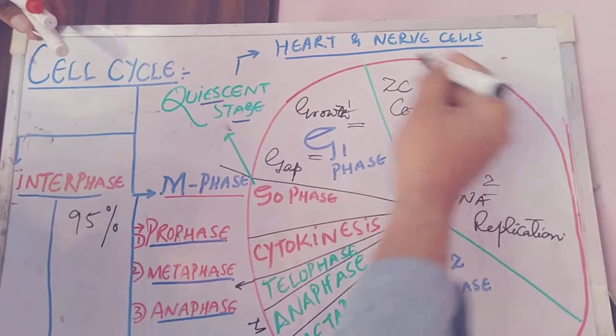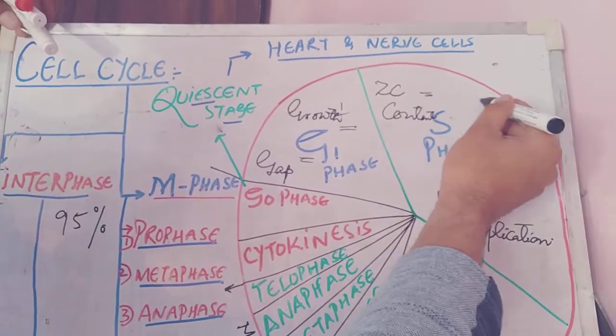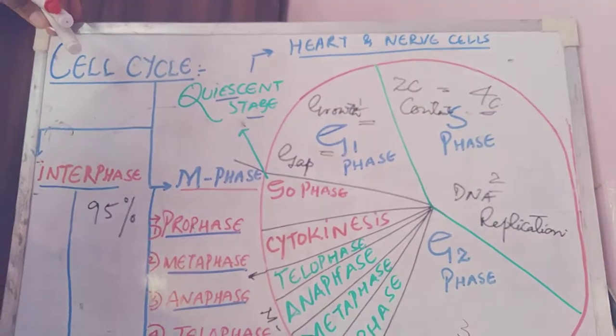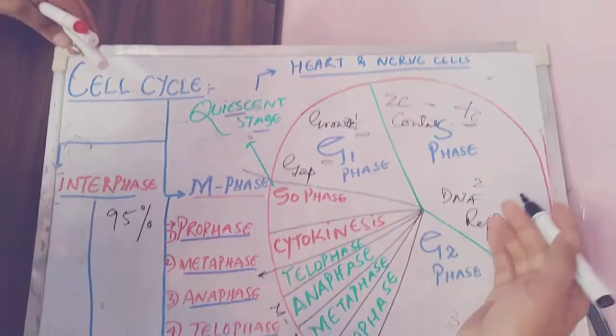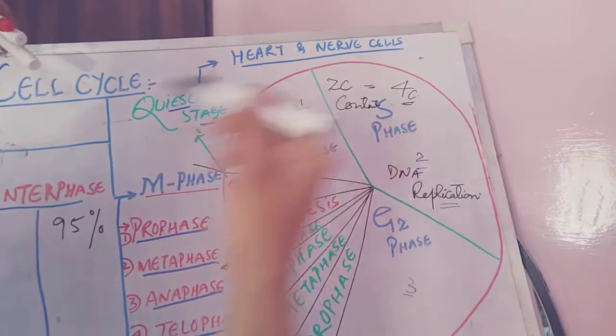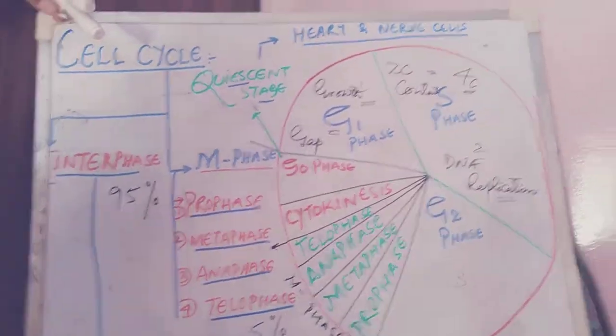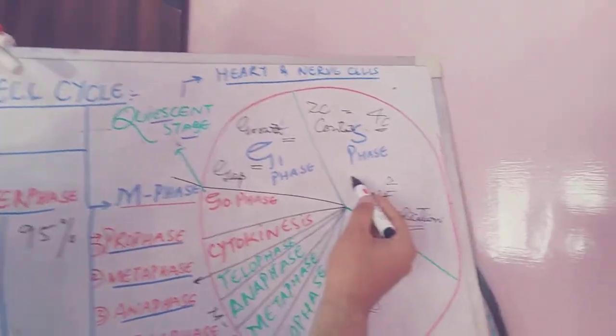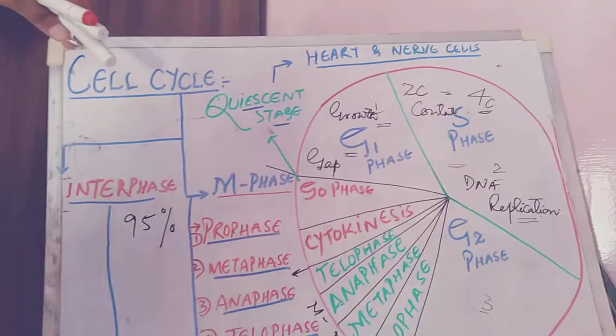So once the DNA doubles, it becomes 4C. The DNA content doubles due to the process of DNA replication which occurs during the S phase. So it is very important to understand that the process of DNA replication occurs during the S phase of the interphase.